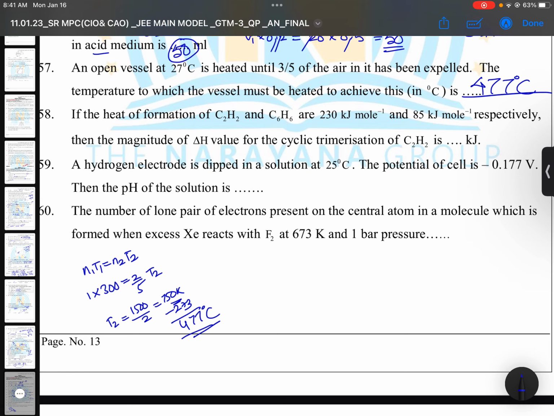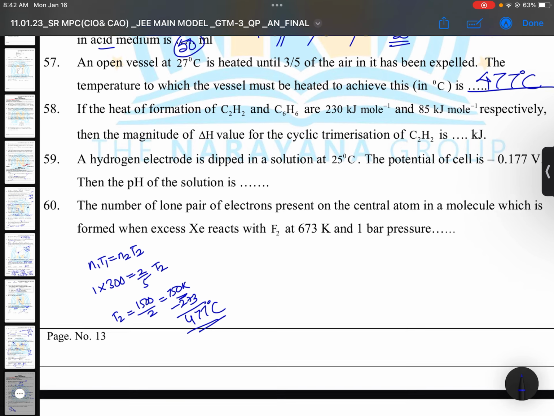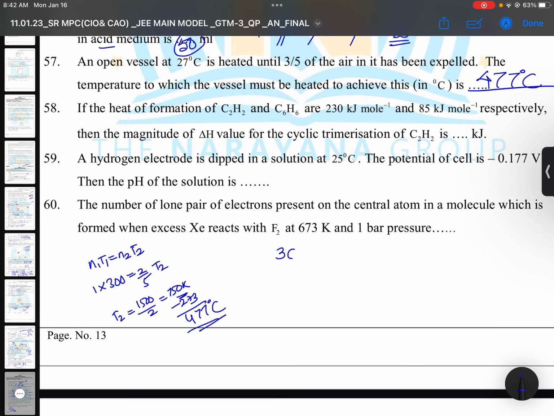If the heat of formation of C2H2 and C6H6 are 230 and 85 kilojoules per mole, the magnitude of delta H for the trimerization means 3C2H2 gives rise to C6H6. Correct? Formation is being given. Here benzene is forming, so don't change the value, it is 85.